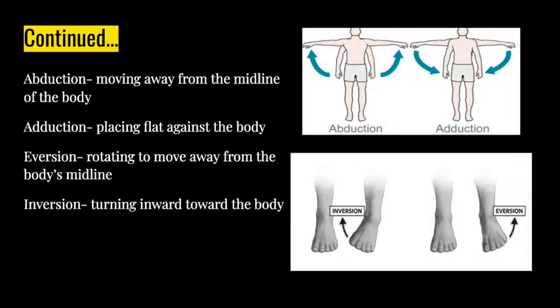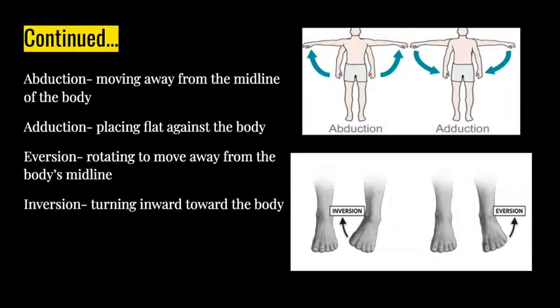Abduction means to move the whole arm or leg away from the midline of the body. The antagonistic movement is adduction, which means that the whole arm or leg is placed flat against the body.